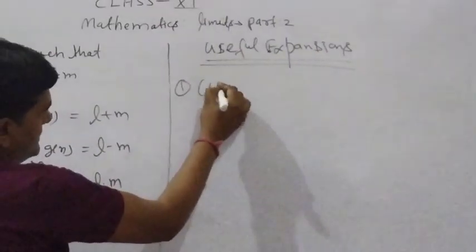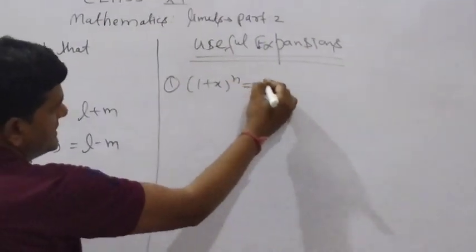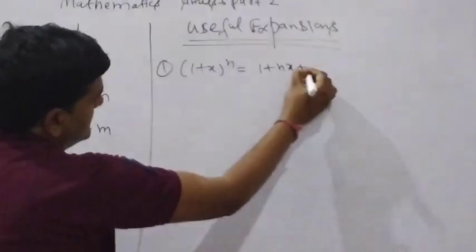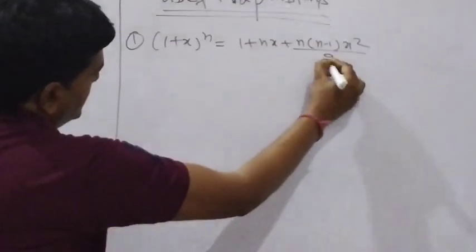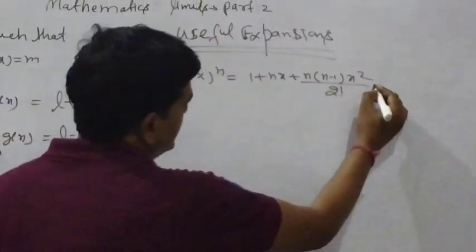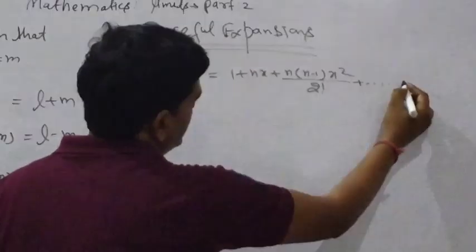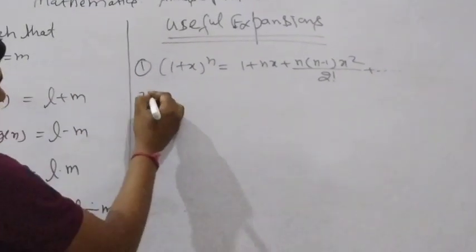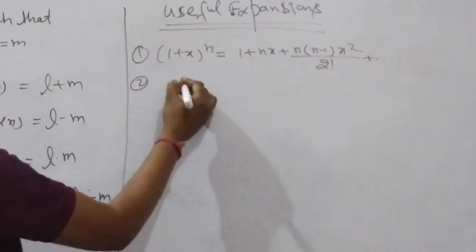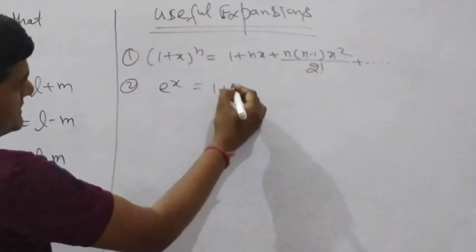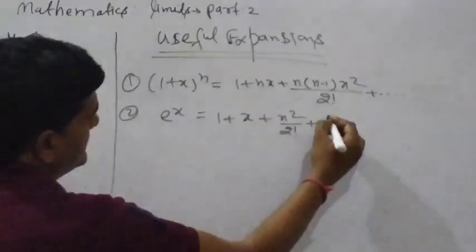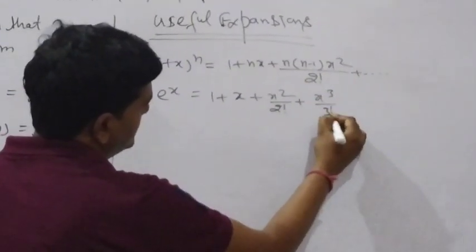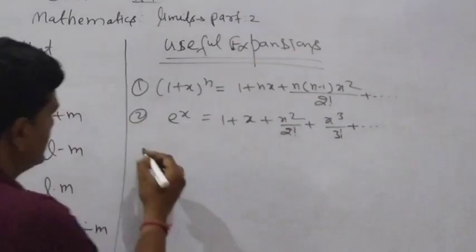First one, (1 plus x) power n is equal to 1 plus nx plus n(n minus 1)x square upon factorial 2, and plus dash up to infinity. Second one, e power x is equal to 1 plus x plus x square upon factorial 2 plus x cube upon factorial 3 plus dash.